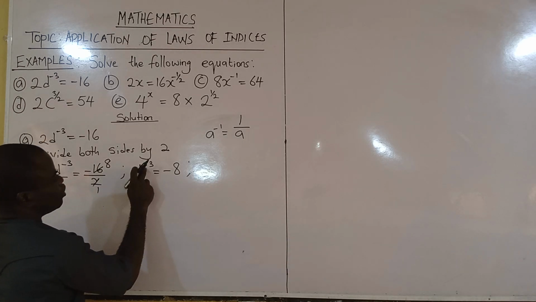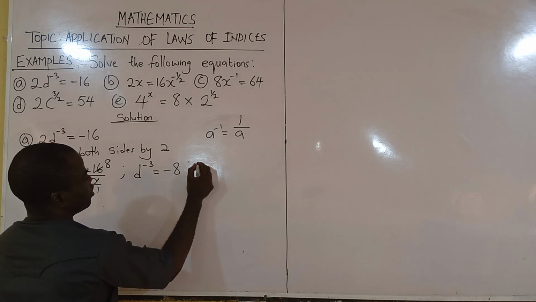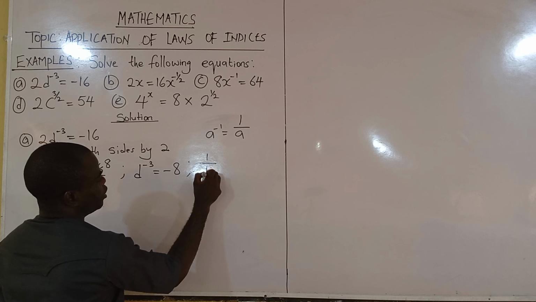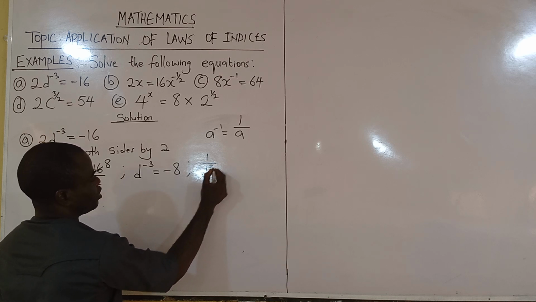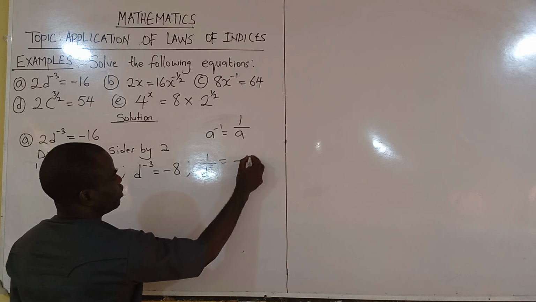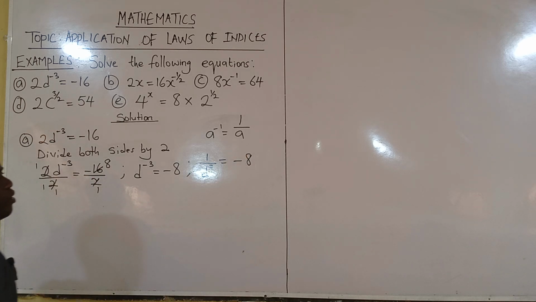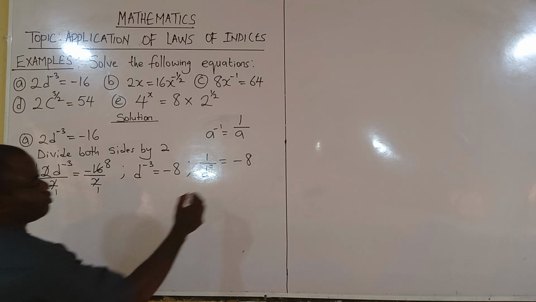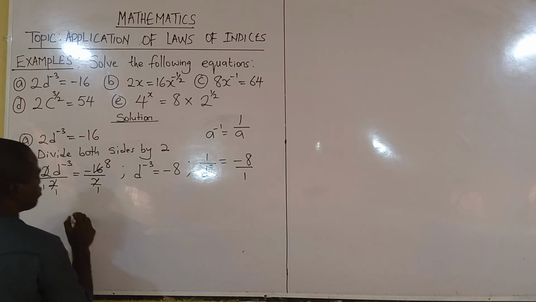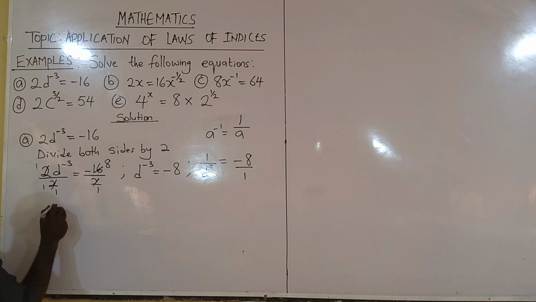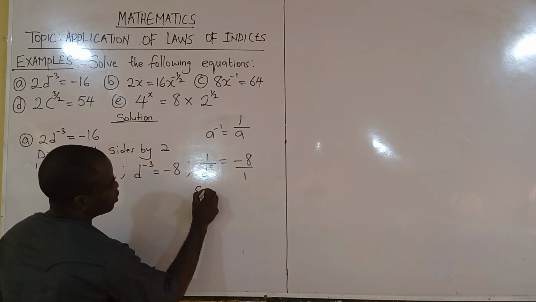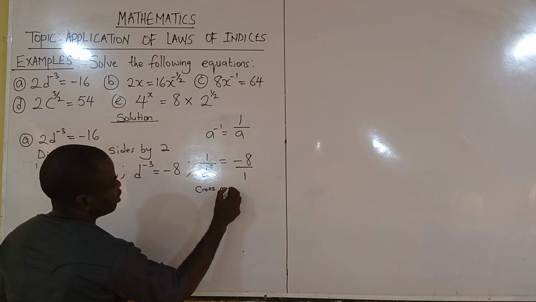You now remove this negative likewise. You have 1 over d raised to the power 3 equals minus 8. Here you cross multiply. This minus 8 over 1, cross multiply.